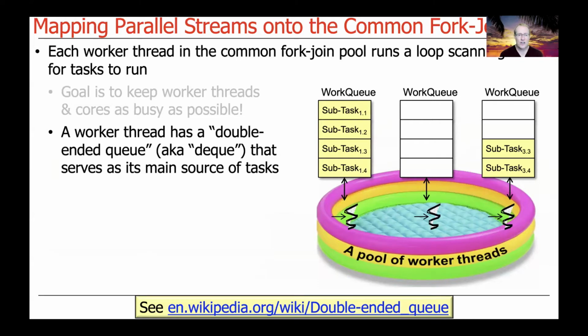Now, the way this works under the hood is each worker thread that's in the common fork join pool has a double-ended queue, which is known as a deque. It's pronounced deck, not D-Q, but deck, that serves as that worker thread's main source of tasks to process.